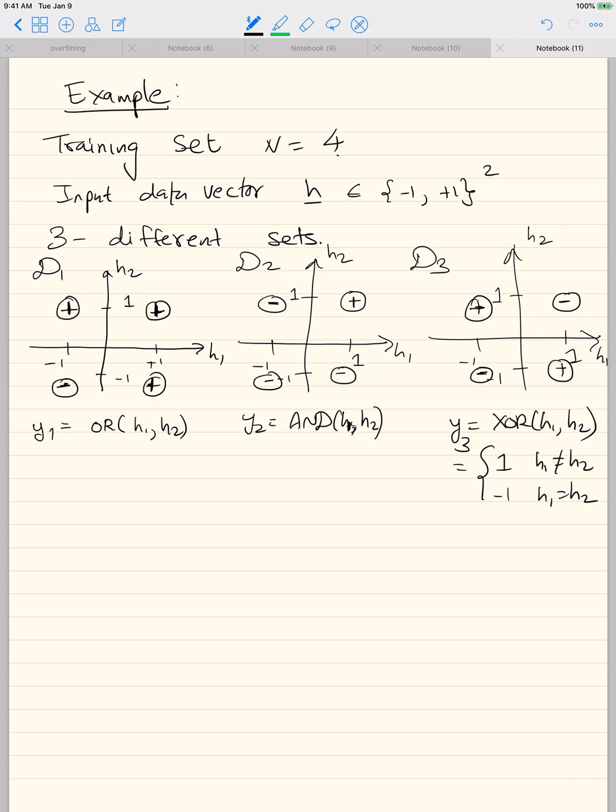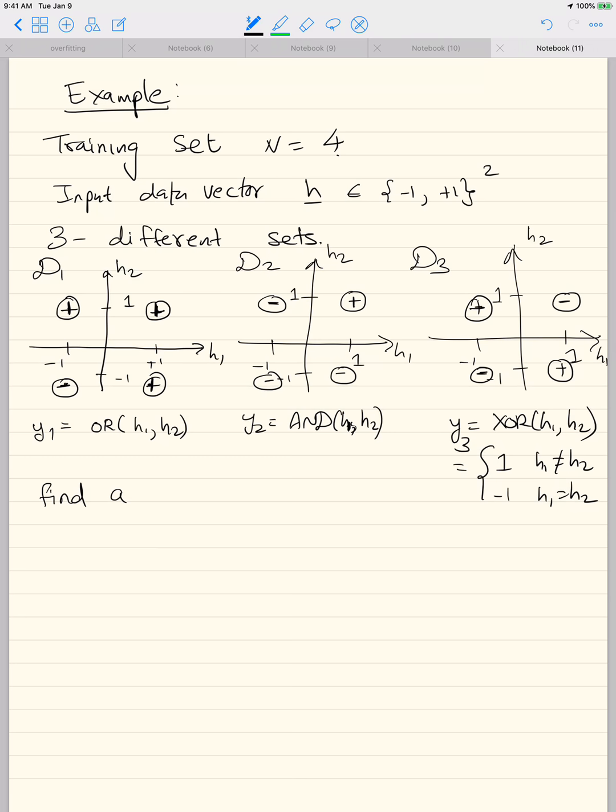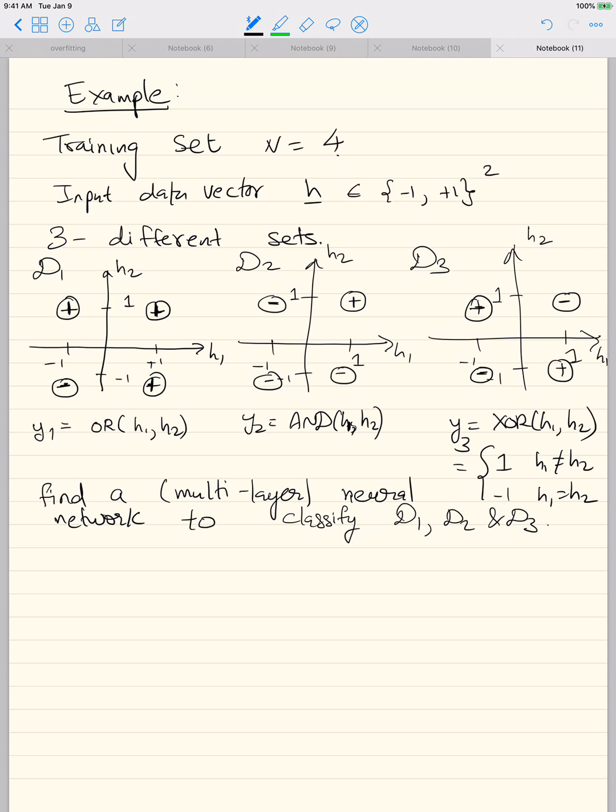And what we are required to do is find a potentially multi-layer neural network to implement, or to classify, these data sets D1, D2 and D3.